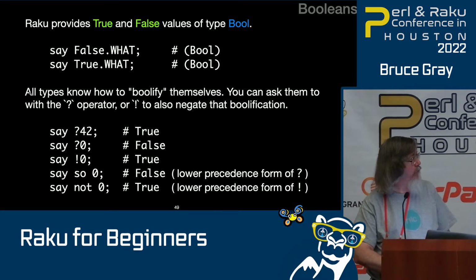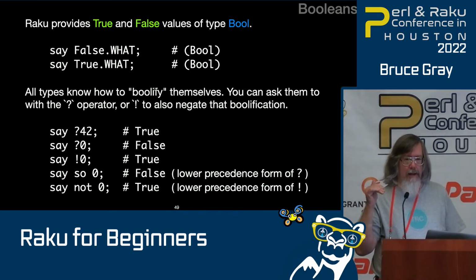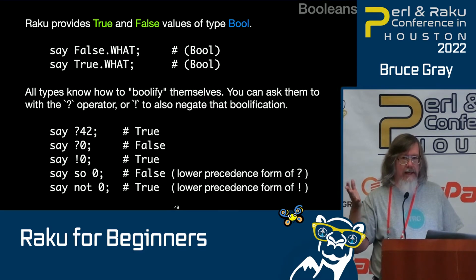We have real true and false values. They are of the type Bool, like Boolean. And all the types know how to boolify themselves. We had in Perl, if you put something in an if, like if this hash or if this array, what does that mean?